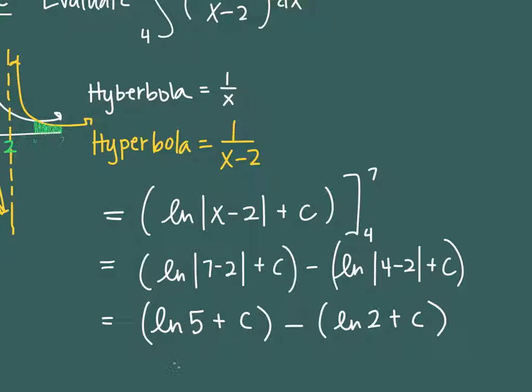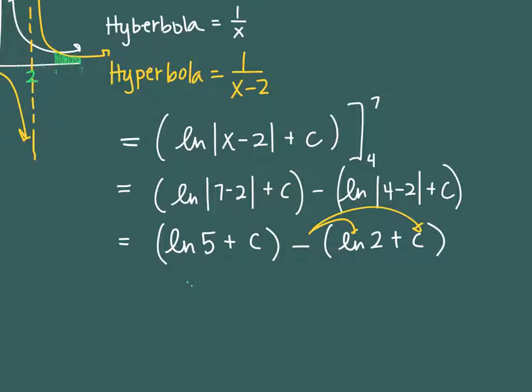plus c. If you would ever have a negative number come up with those absolute values, you'd have to make sure to convert it to positive. And then we'll distribute the negative sign. And so once again, because we distribute the negative sign, the c's will end up canceling out.